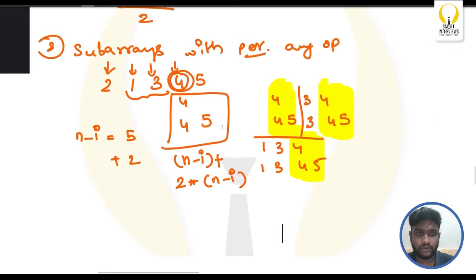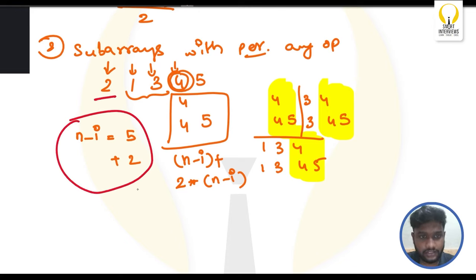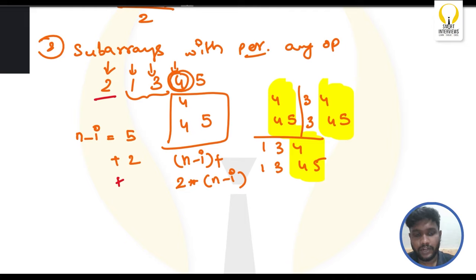So all we have to do is linearly iterate. Let's try to do that. We have to linearly iterate, and if it is even, directly add this to the answer. But if it is odd, we will not make changes, we will maintain a count.